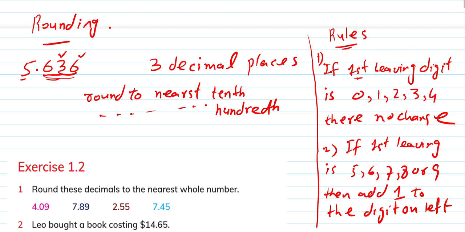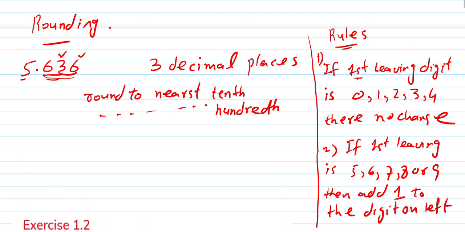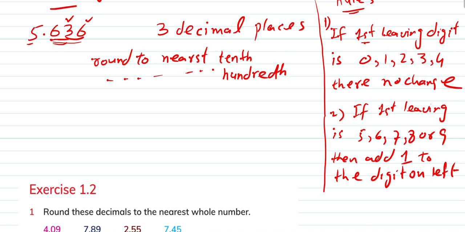Okay? For example, let's say I will write one example here. I'm writing a number here, and this number is 4.364. Okay? And I ask you to round it to the nearest whole.